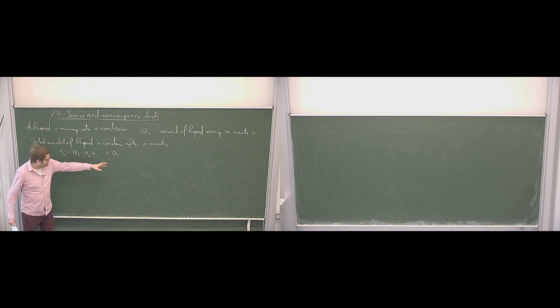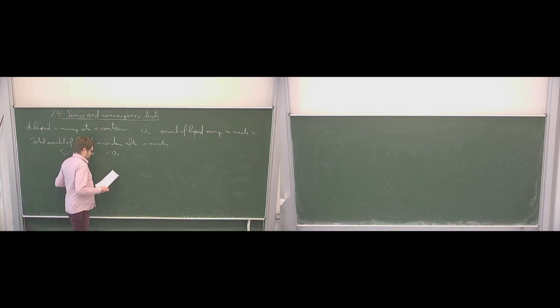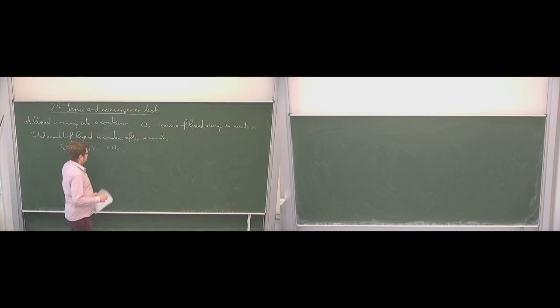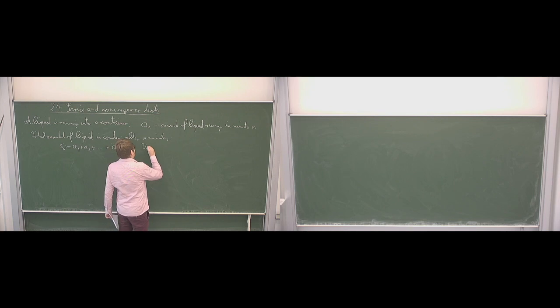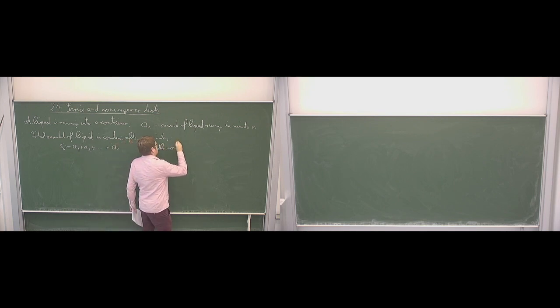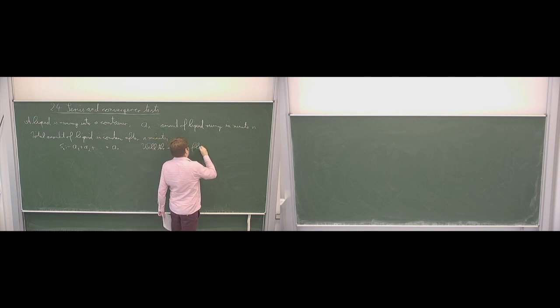But if this would not converge, if this would become bigger and bigger and diverge to infinity, then of course the container at some time would overflow. Right? So this is a very simple example. The question is: will the container flow over or not?